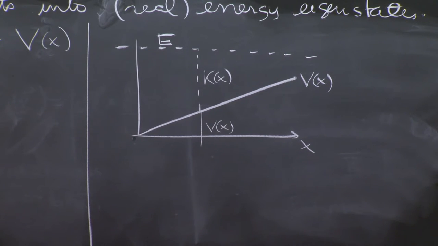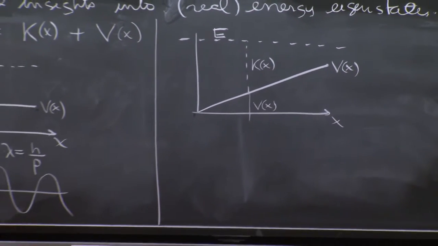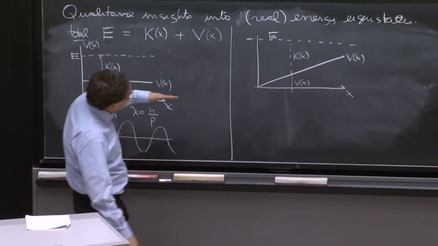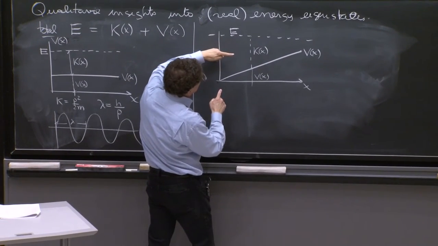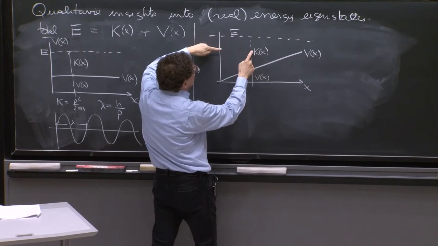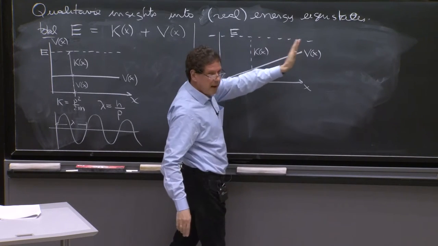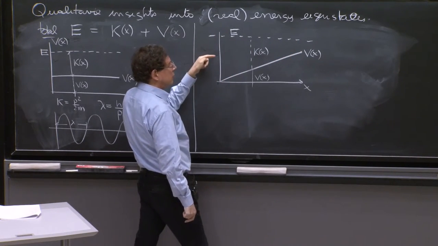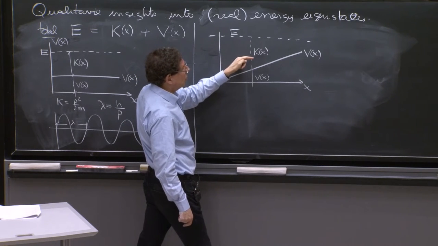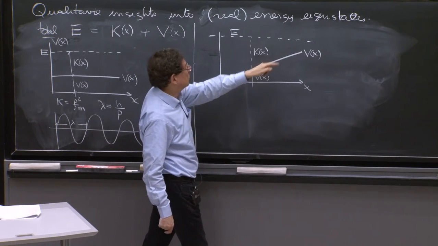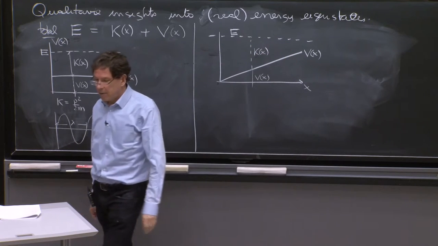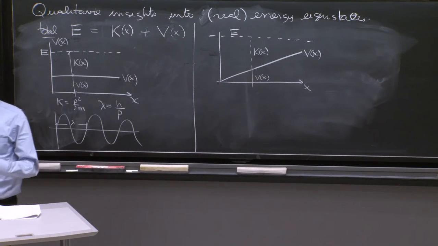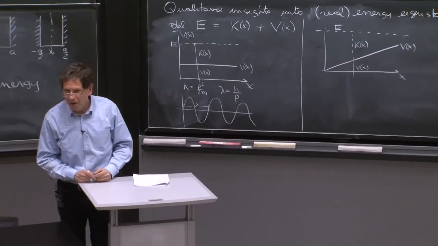And now comes the interesting thing. As the particle is moving here, the kinetic energy is decreasing as you move to the right. So the particle comes with some velocity and slows down, slows down, slows down. The kinetic energy is becoming smaller and smaller. Therefore, the momentum is becoming smaller and smaller.